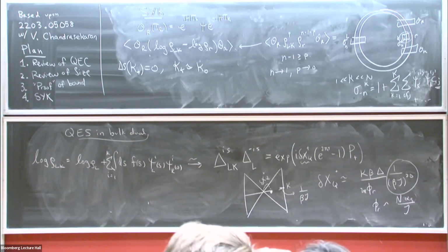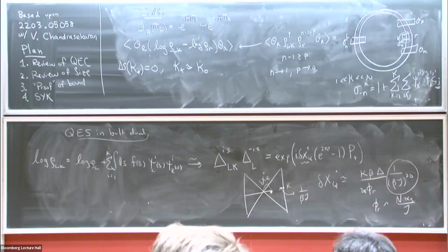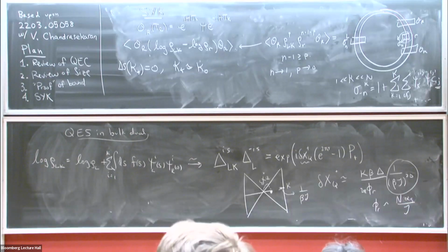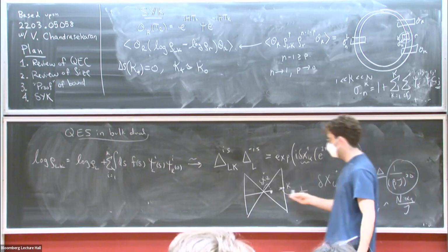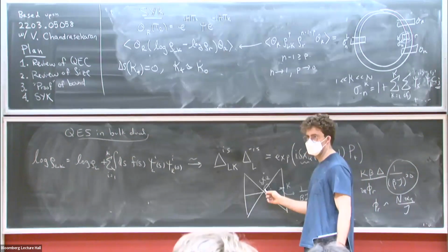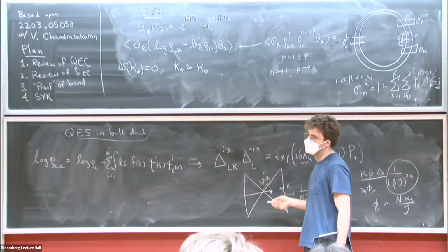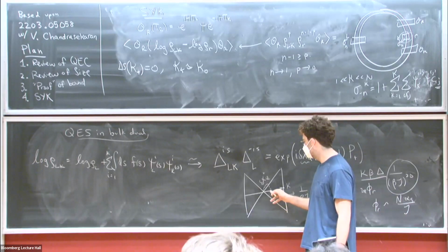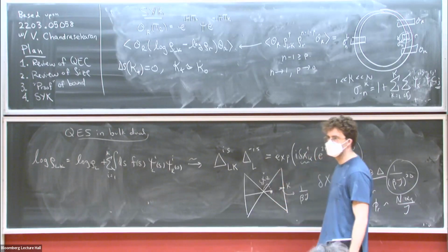Somehow, I thought that the log of beta J is the distance between the horizon and the boundary. Yes, I mean, it is. I'm working in a limit here where this distance is small. So effectively, the distance between this point and this point is the distance between.